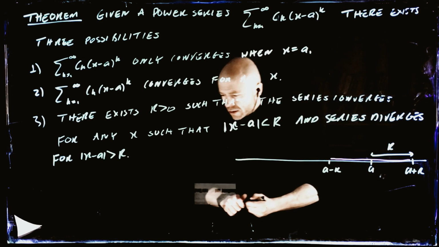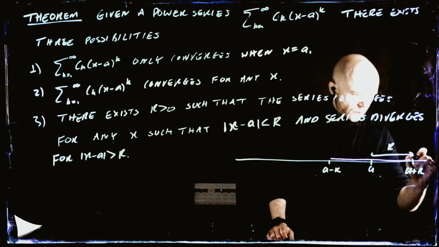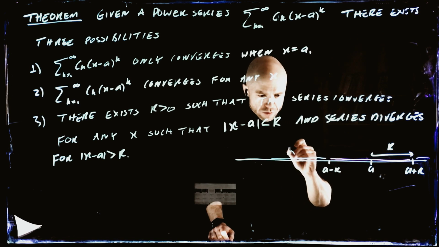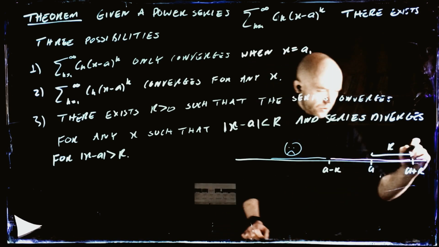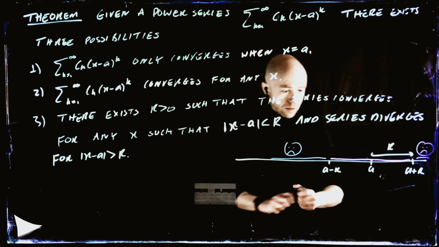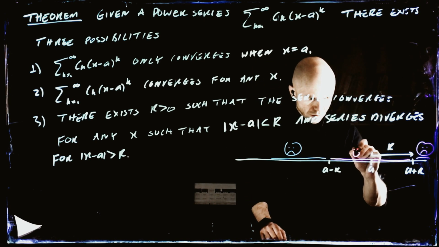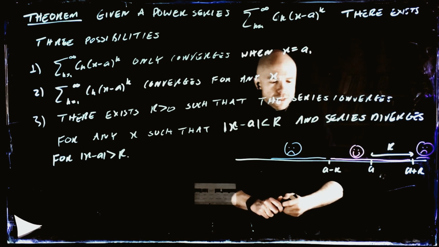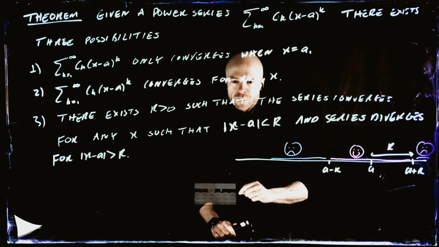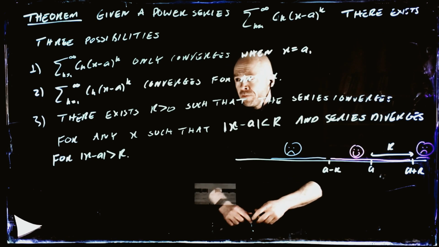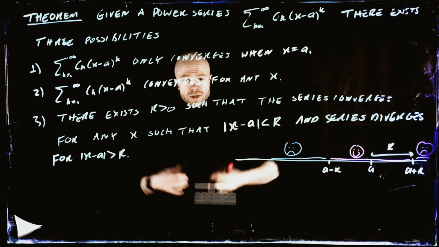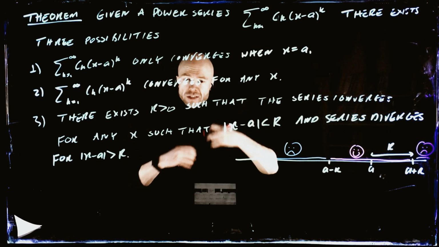And if we're strictly outside that, then it does not converge. Inside, it does converge. But there is nothing we know about the endpoints from this theorem. The endpoints, something else.